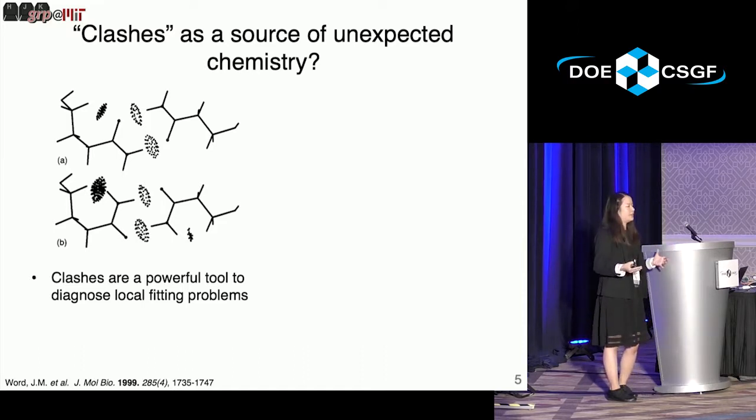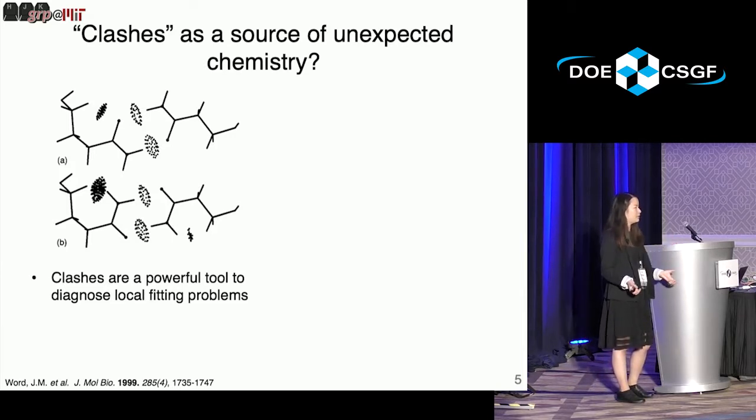Oftentimes, the experimental data doesn't tell you exactly where a specific atom is, so there needs to be some kind of chemical intuition added on top. One of these sources of chemical intuition is that atoms don't like to overlap. Their electron clouds are repulsive.